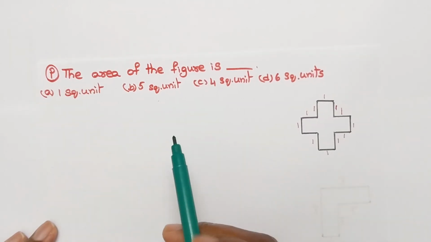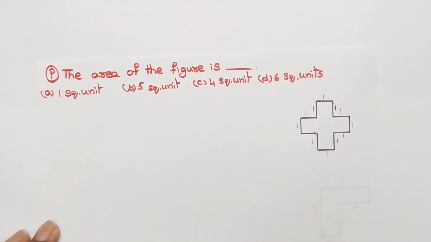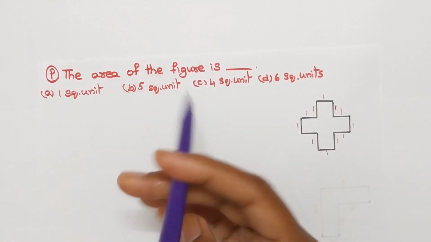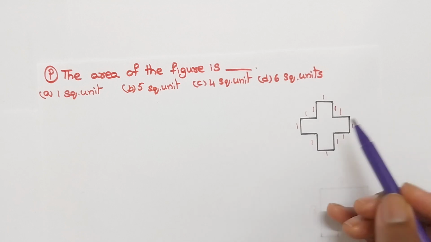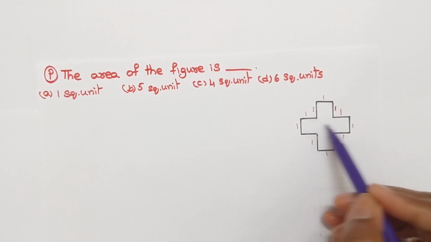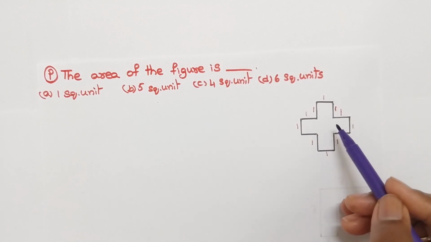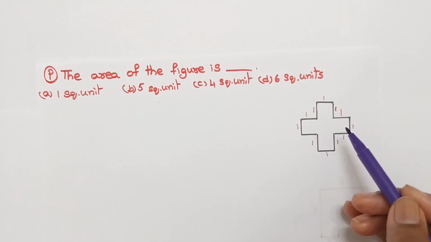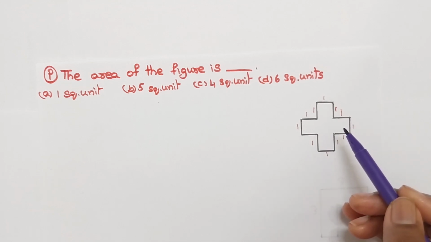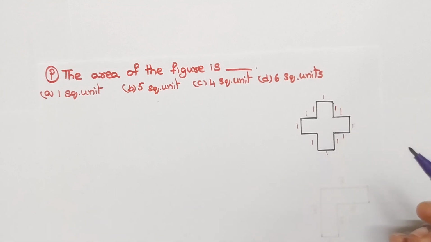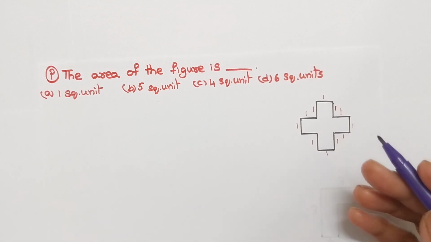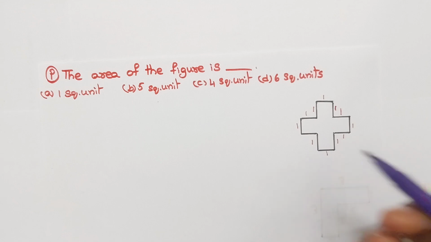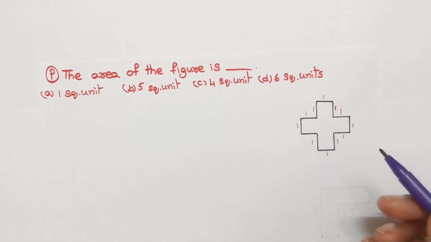Now we solve this problem. We need to find out the area of this figure. Is this a square shape? Is this a rectangular shape? No, it is a bit different. But from this figure we can get squares or rectangles, and after that we calculate the area.